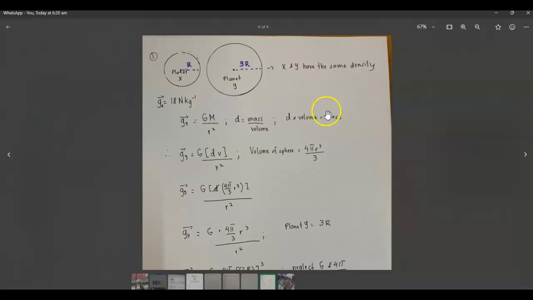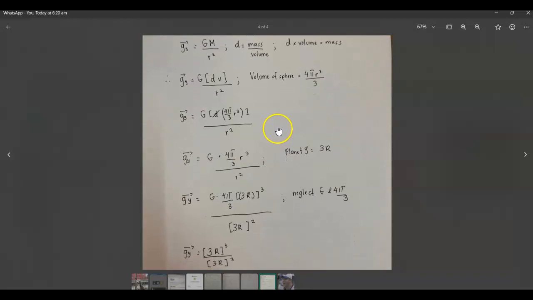Therefore, the mass here, we will just replace with dV. Now, planet Y is also dependent on the volume, and the volume of a sphere is directly proportional to its radius cubed. As you can see, V is equal to 4 pi r cubed over 3, which is the standard formula for a sphere. Therefore, we just substitute the volume here with 4 pi r cubed over 3.